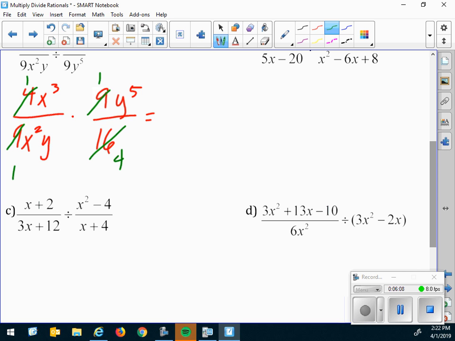Okay, I'll tell you what, let's do this. Let's multiply what we've got left here. And we can do this different ways. Can you deal with the x's and y's right now? Yeah. The only x I've got is that x cubed. The only x I've got down here is the x squared. Right. So that's going to become x on top. Where's the y to the 4th going to be?